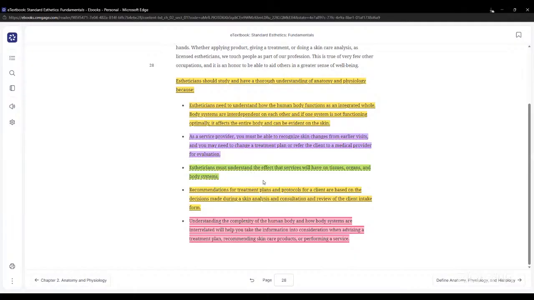Estheticians must understand the effect that services will have on tissues, organs, and body systems. Okay. Based on the services that you want to do, it can cause an effect on something else. That's why we are not physicians.